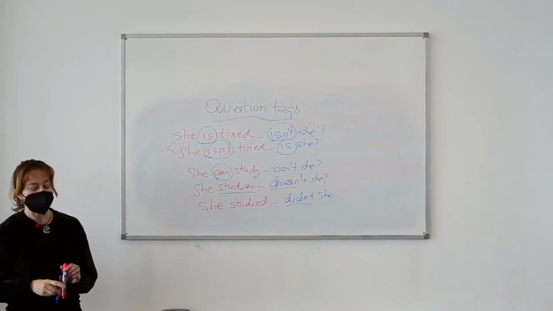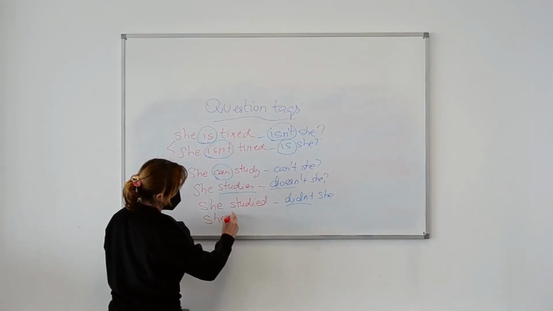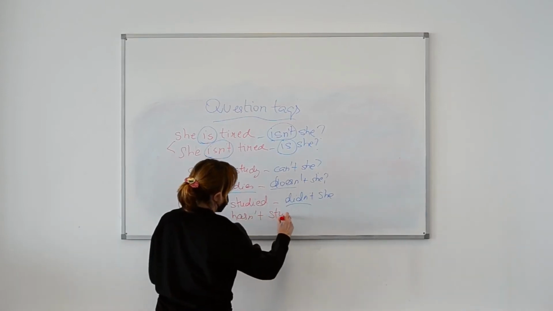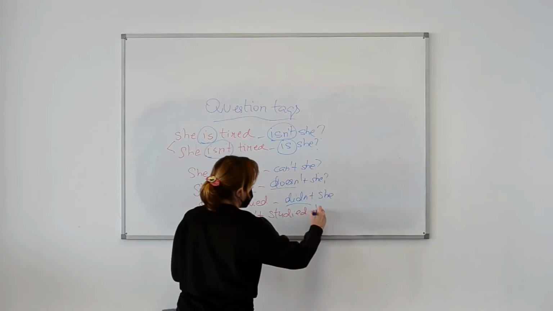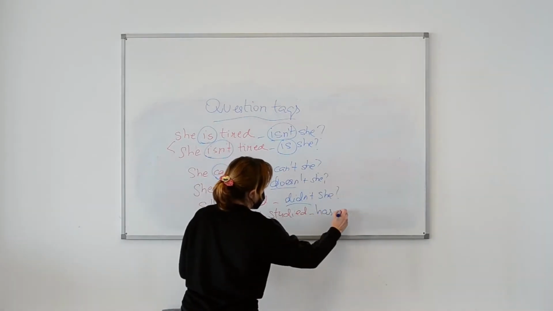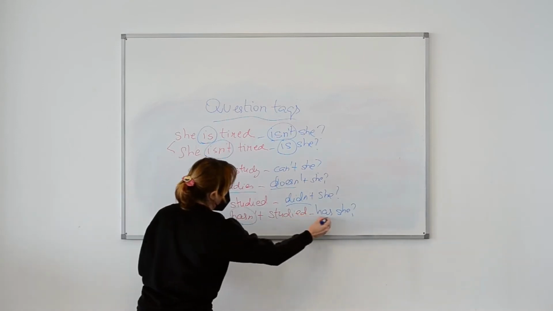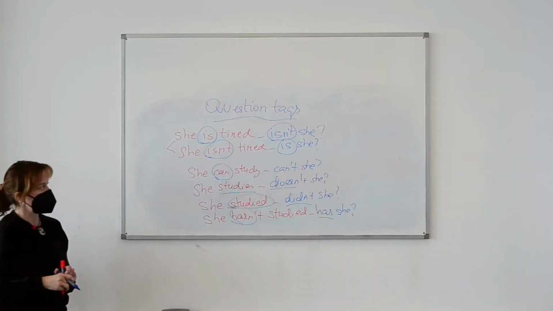If we have, for example, a present perfect, she hasn't studied, for instance, the question tag we use is has she, okay? We always use the auxiliary related to the main clause.